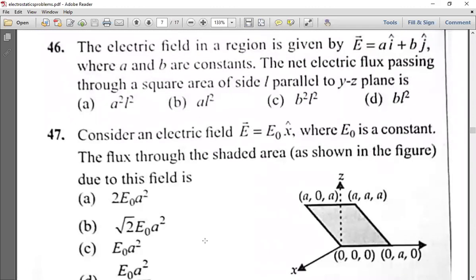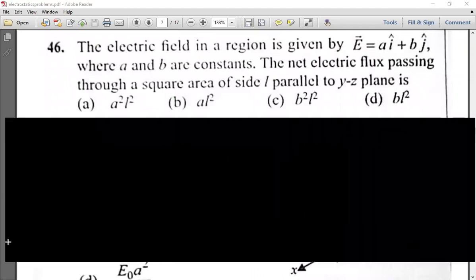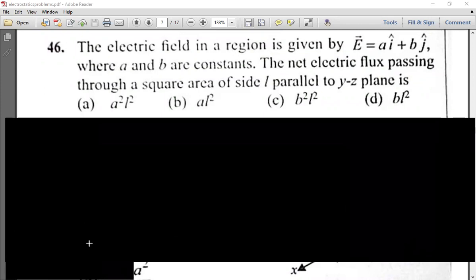Question number 46 now, right? Question number 46. How to solve? Let's see.